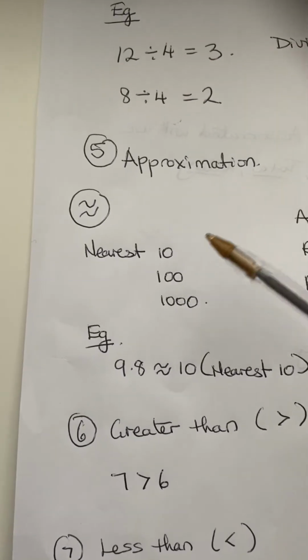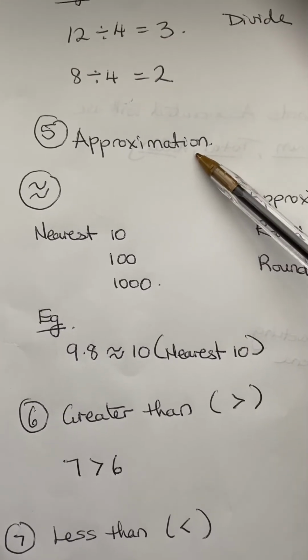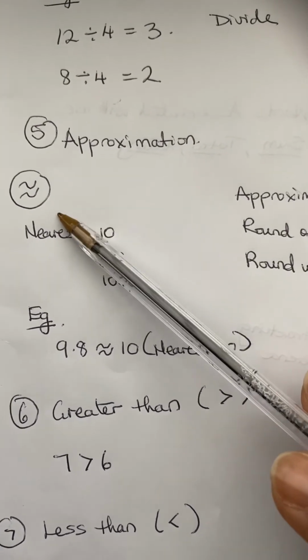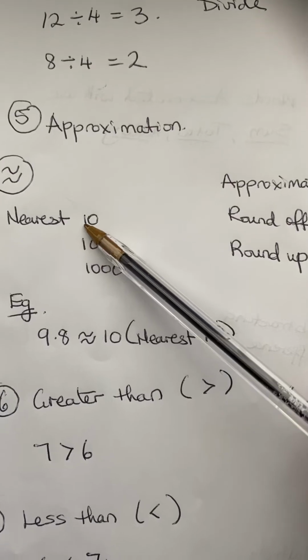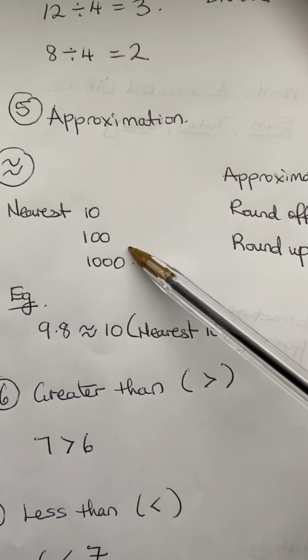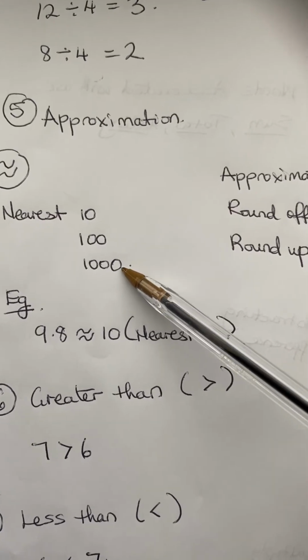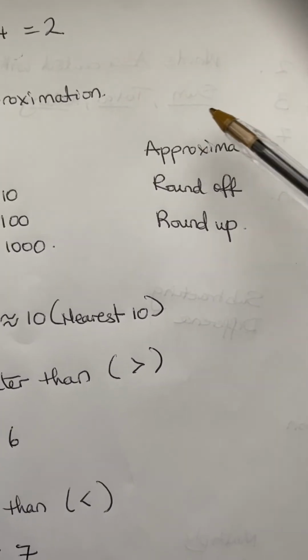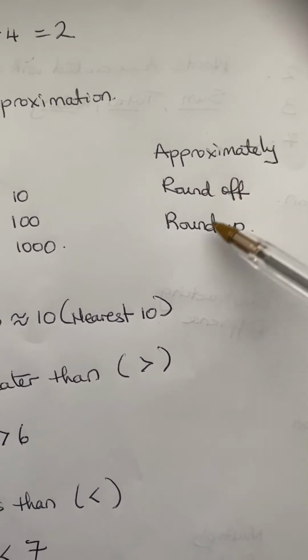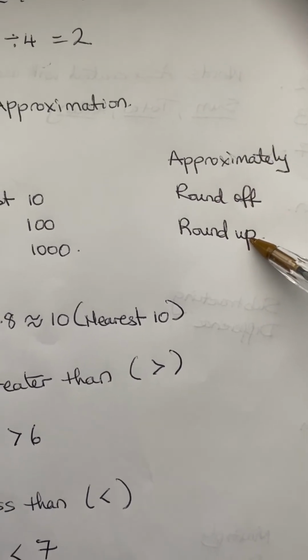The next symbol is approximation. So that is the sign here. So you can approximate to the nearest 10, to the nearest 100, or to the nearest 1,000. So you find words like approximately, rounding off, rounding up.